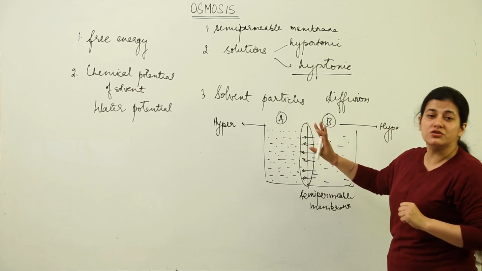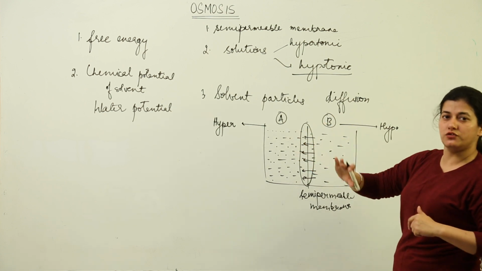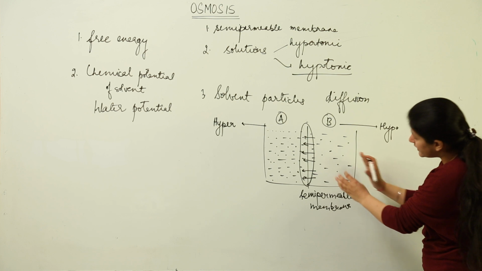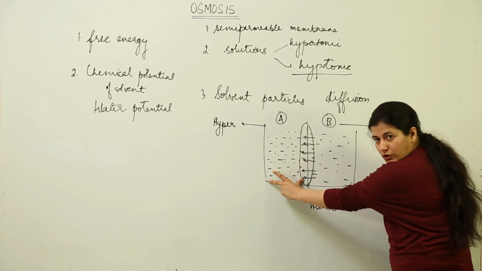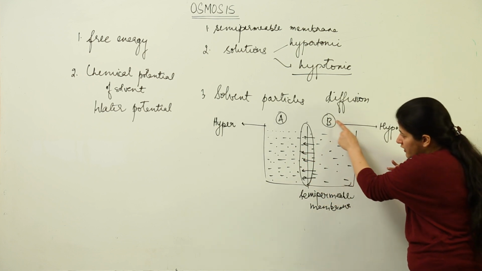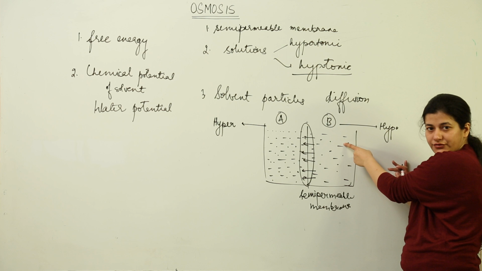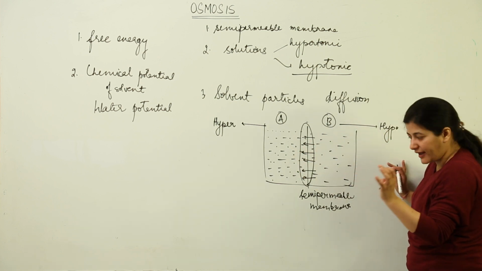Because there is no diffusion of solute taking place, we are going to consider the diffusion of solvent. Now consider the free energy of solvent over here and consider the free energy of solvent in this case. As you can see from the diagram itself, over here the solvent molecules have a greater free energy, while in this case the free energy is lesser comparatively.